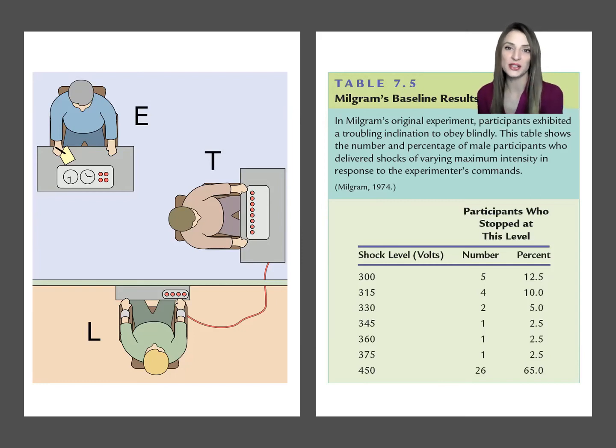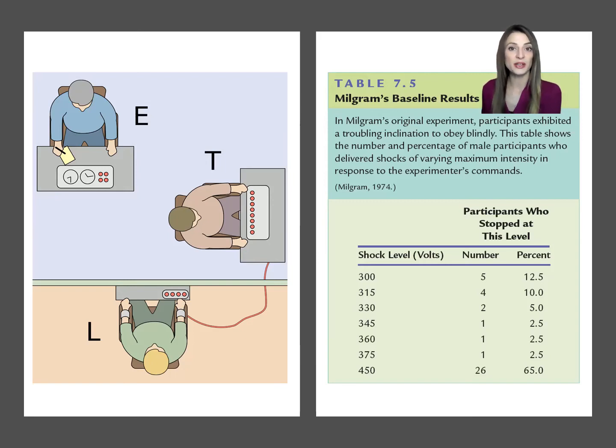Even more surprising, 65% of the participants, the teachers, administered all 30 of the shocks, went all the way to the highest voltage possible, which means they heard the learner say, "I have a heart condition, I need help," and they still administered the shocks.